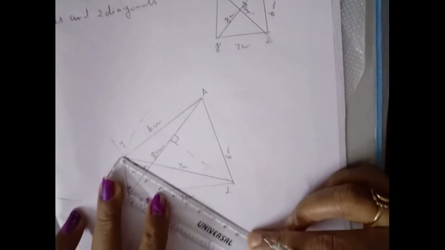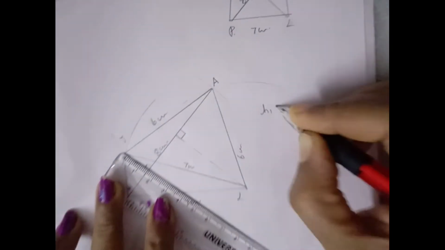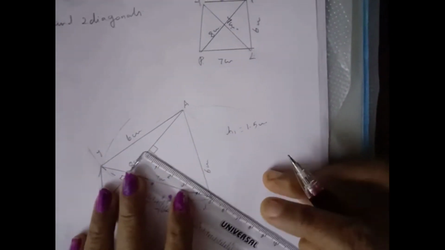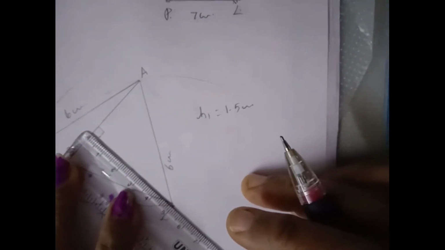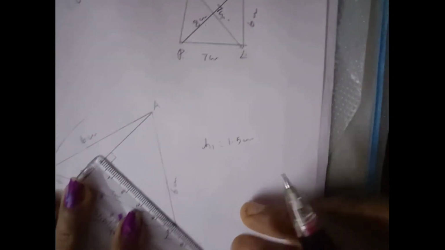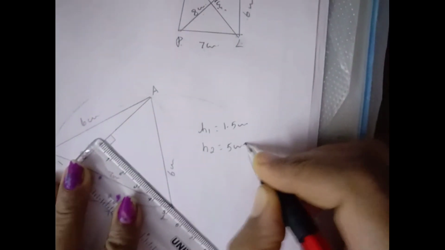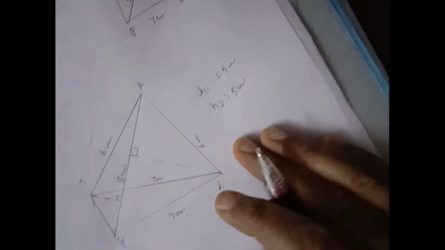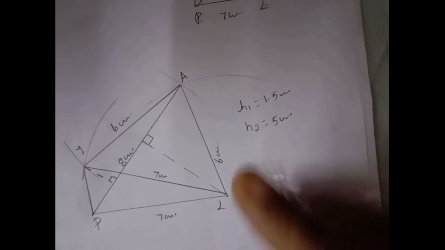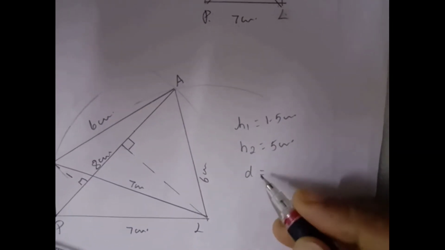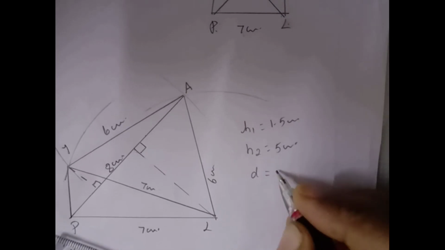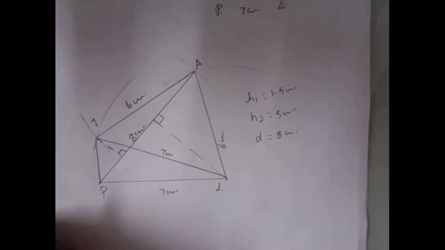Take the measurement. h1 is equal to 1.5 centimeter. h2 is equal to 5 centimeter. d is equal to 8 centimeter.